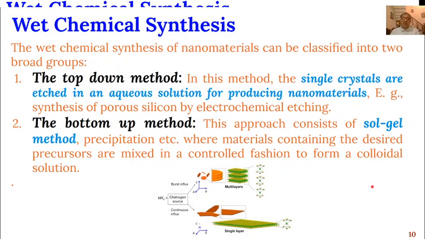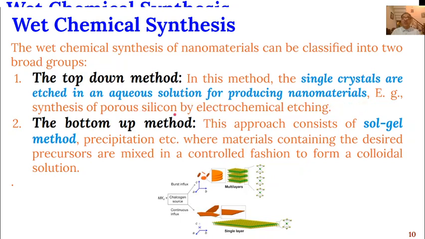Then wet chemical synthesis can also be used for the formation of nanomaterials, and here two types of methods can be used. The top down method here is that the single crystals are etched in an aqueous solution for producing nanomaterials.